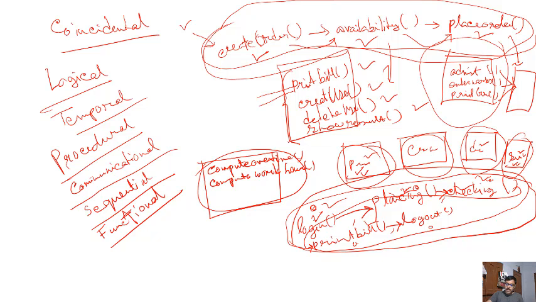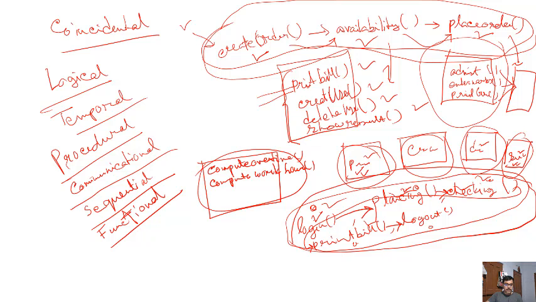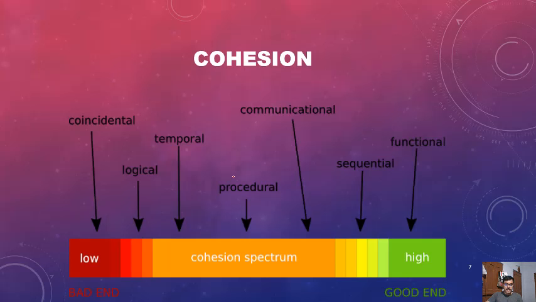So these were all the seven types of cohesion. And you understand now which one is the lowest and which one is the highest type of cohesion. Coincidental cohesion is the lowest type, not the high type, because in a coincidental module all the functionalities are not related to each other.